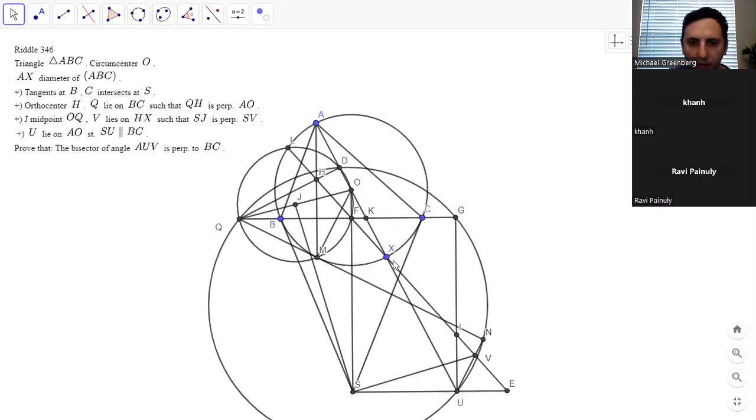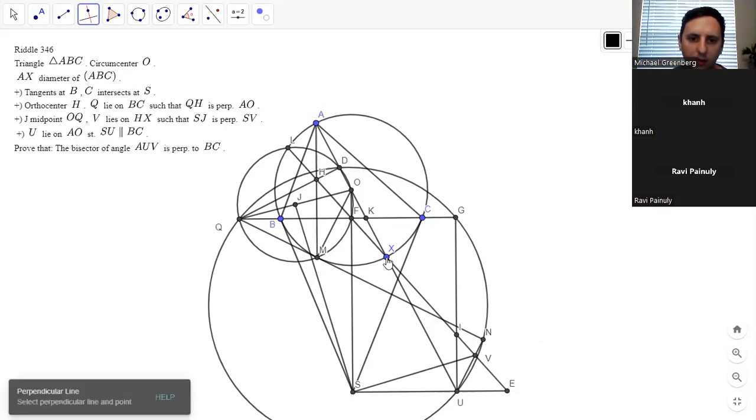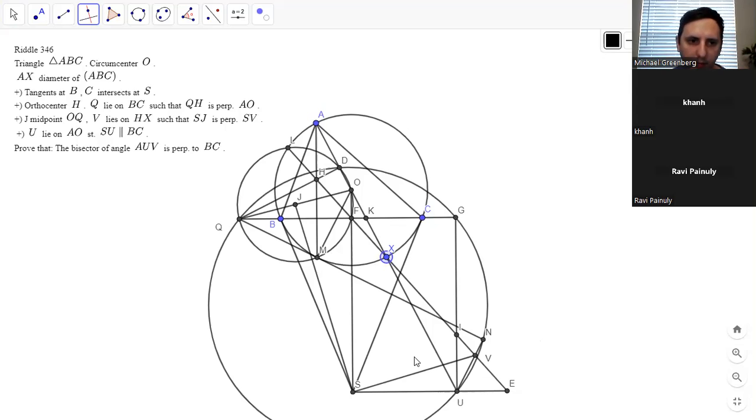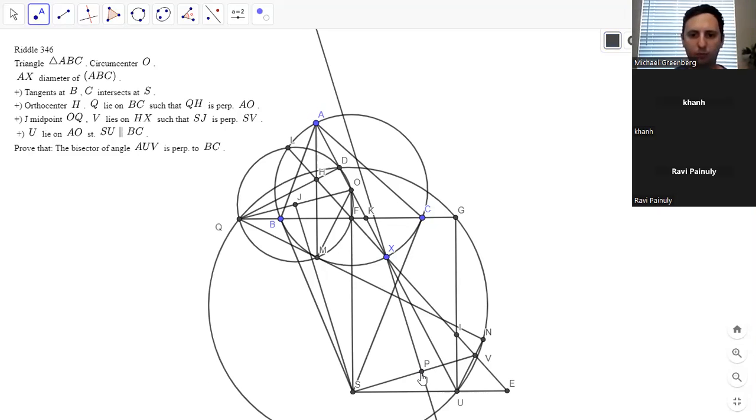Let's see. So SV is perpendicular to SJ, and I could try drawing this. Then we want to show PV bisects IPE, though I don't think that does much.